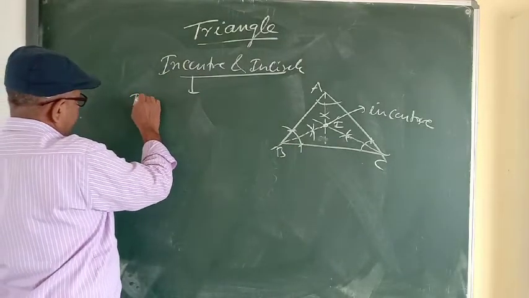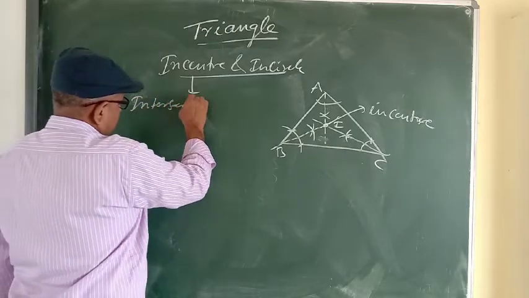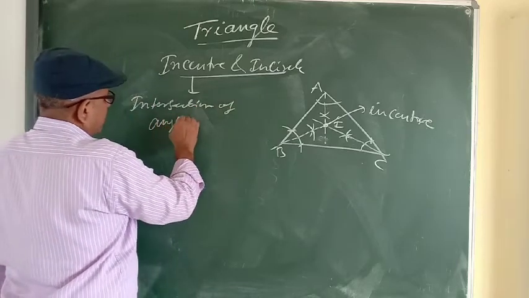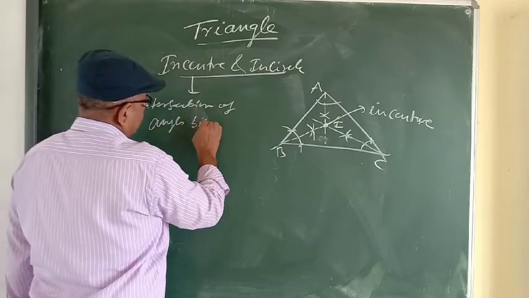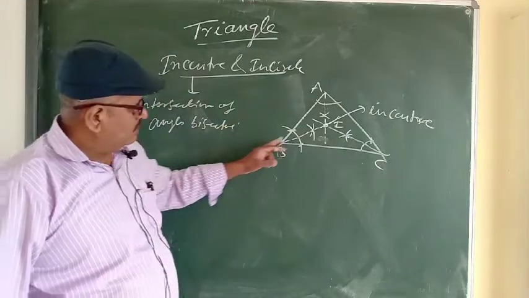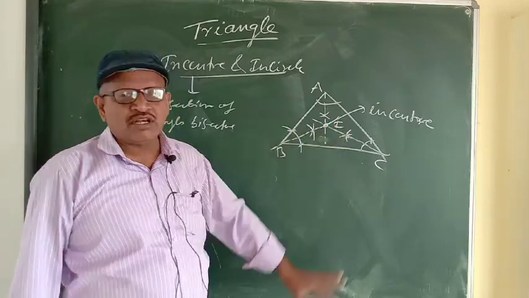Intersection of angle bisectors. So the intersection of these three angle bisectors, which meet at point I, is called incenter.